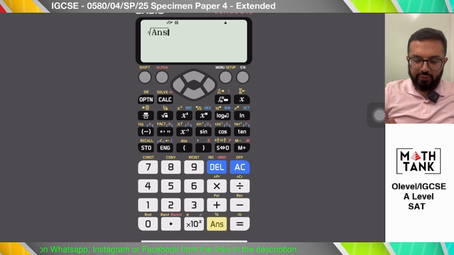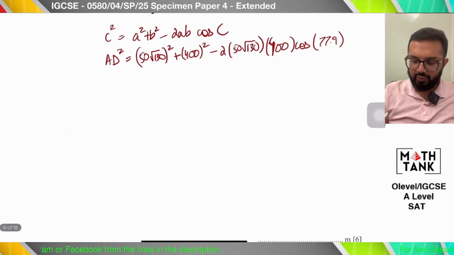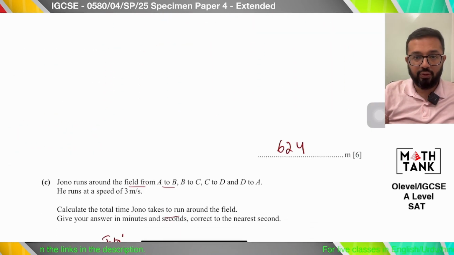Then take a root of the answer, and that gives you 624. So your answer should be 624 meters.